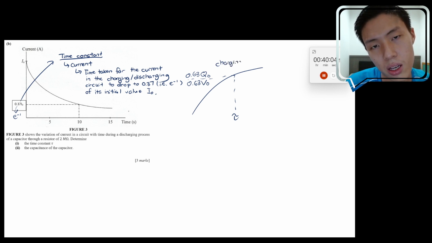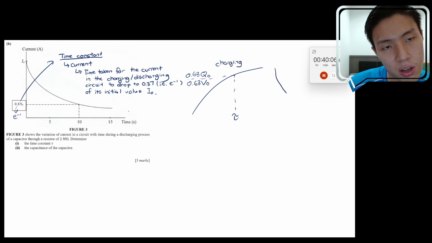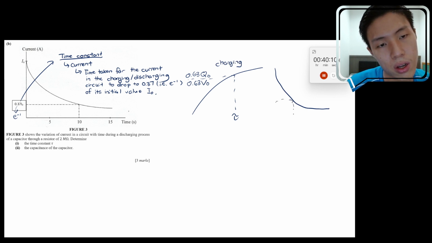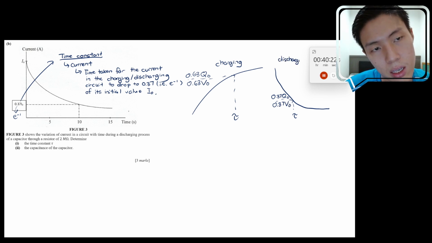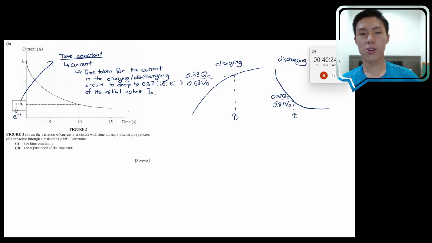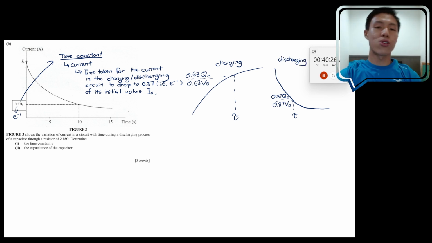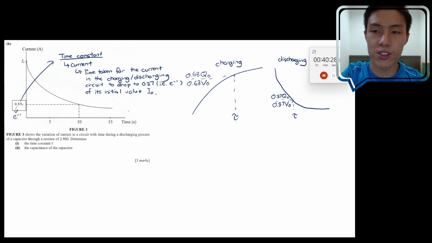If it's discharging, the graph will be like this, right? If it's this kind of graph, then we look for 0.37 Q naught or 0.37 V naught. This is discharging. Okay, that's the idea of tau. You can look more into the theory in your reference book.